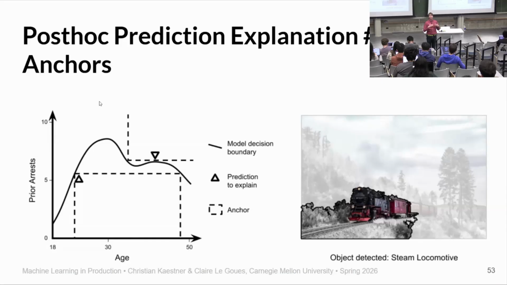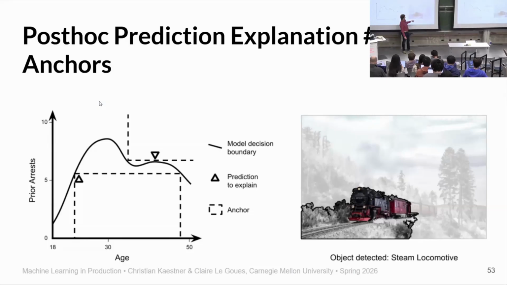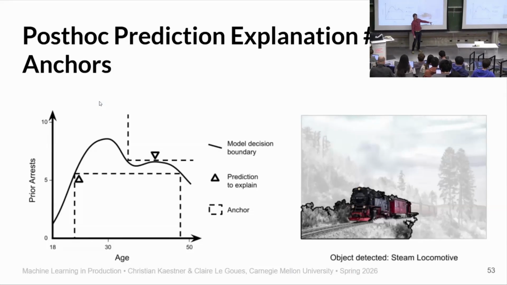It's just saying in general, we have this rule, if you have more than 8 convictions, you're going back to jail. Right? So this kind of thing is something that we communicate. It's not the entire decision boundary, but it's saying for this large part, nothing else matters. So you could say here's a graphical version. If you want to detect the steam locomotive, all these pixels are sufficient.